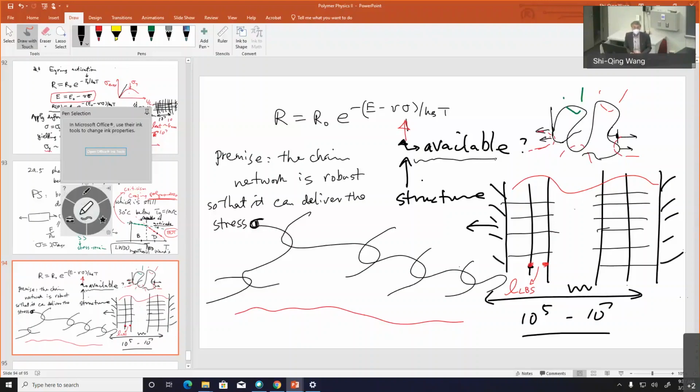What if the network falls apart, breaks down? Then obviously the Eyring mechanism disappears. Or my mechanism disappears too. If something falls apart, then obviously there's nothing left for that structure continuity to exist, to allow this displacement to continue throughout the sample.